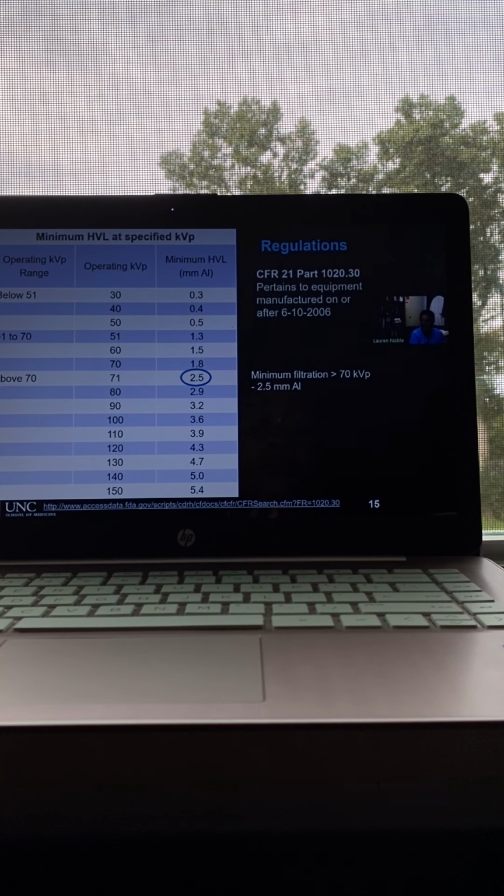Okay. So what is the recommendation for the amount of filtration? What's the recommendation? 2.5. Right. What's the regulation for filtration? 2.5. So it's nice that the recommendation and the regulation happen to be the same.